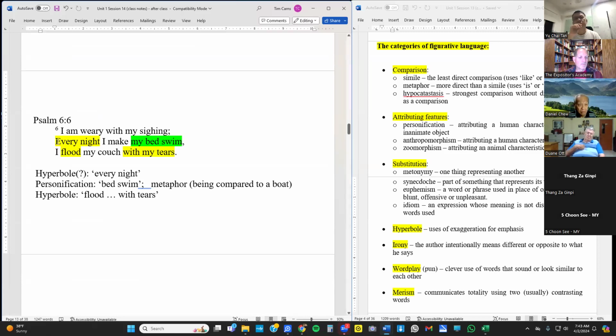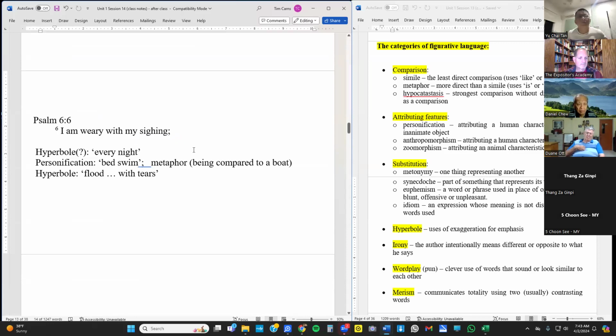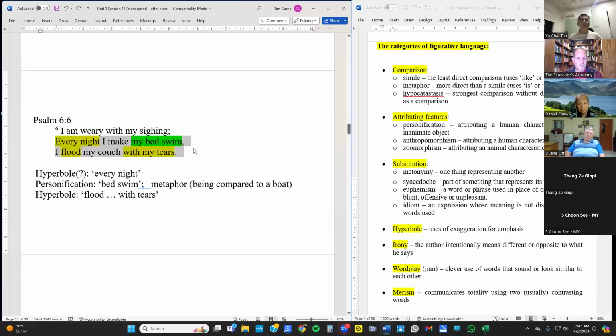He could have just said, "I'm weary with my sighing," right? That's the meaning here. But then he adds these expressions of, I'm crying so much, I'm flooding my couch with tears so much that my couch is floating away. Obviously he's exaggerating here, but it's making the point that he was suffering great anguish.